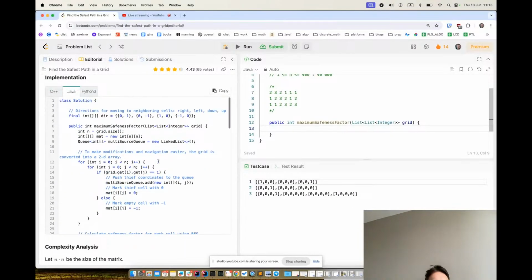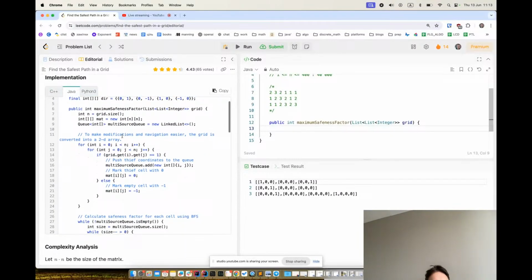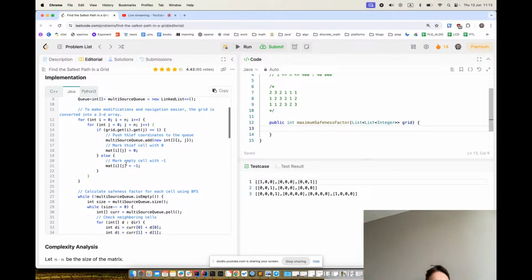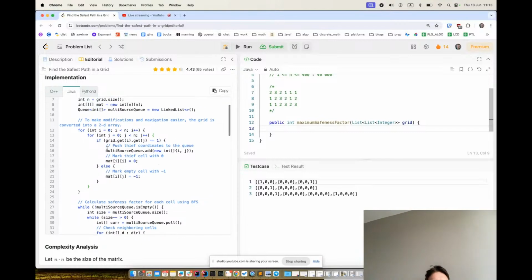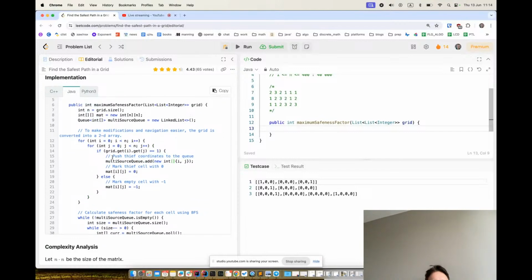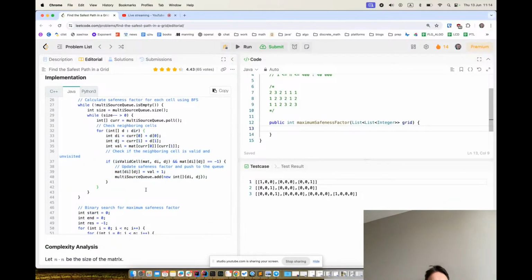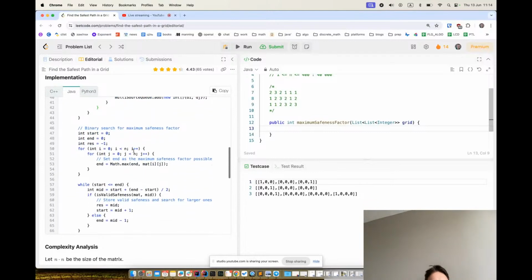Okay, let's check directions, BFS. Push chiefs contained to the queue. Okay. Then, yeah, so we are doing this calculation and binary search for maximum safety factor. So how does it work?